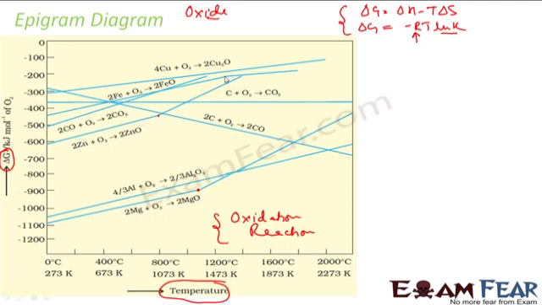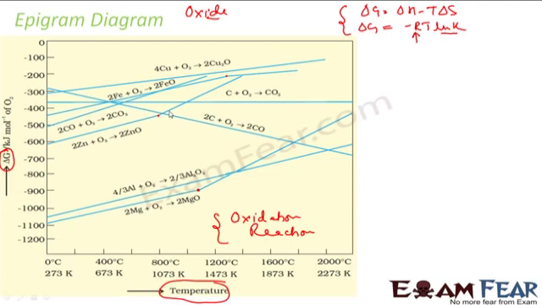Or here, the angle has changed. Such a case is nothing but the change of phase, maybe from solid to liquid or liquid to gas. And similarly, in the same fashion, you can draw the diagram for halides, sulfides, etc.